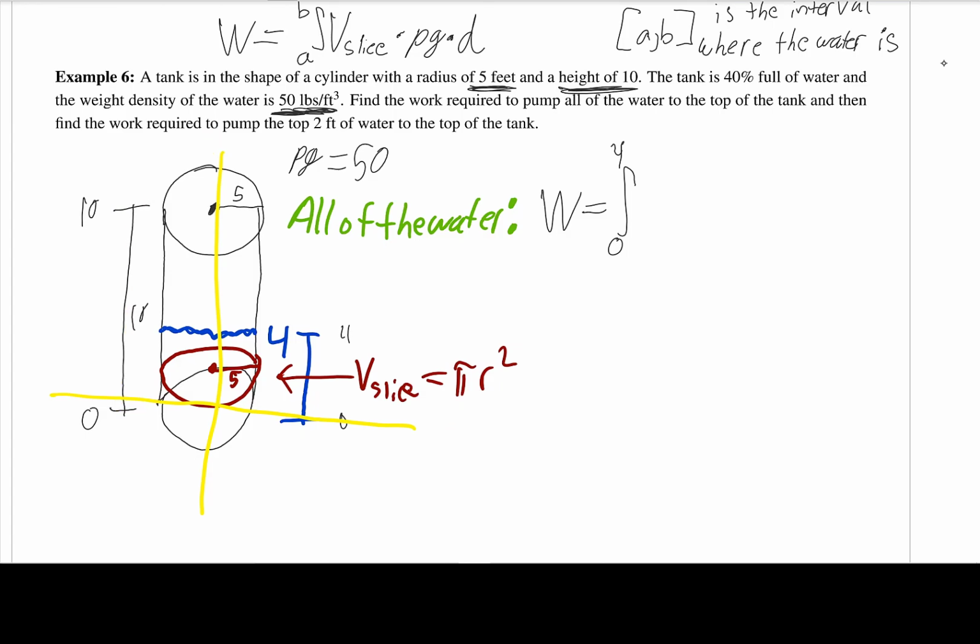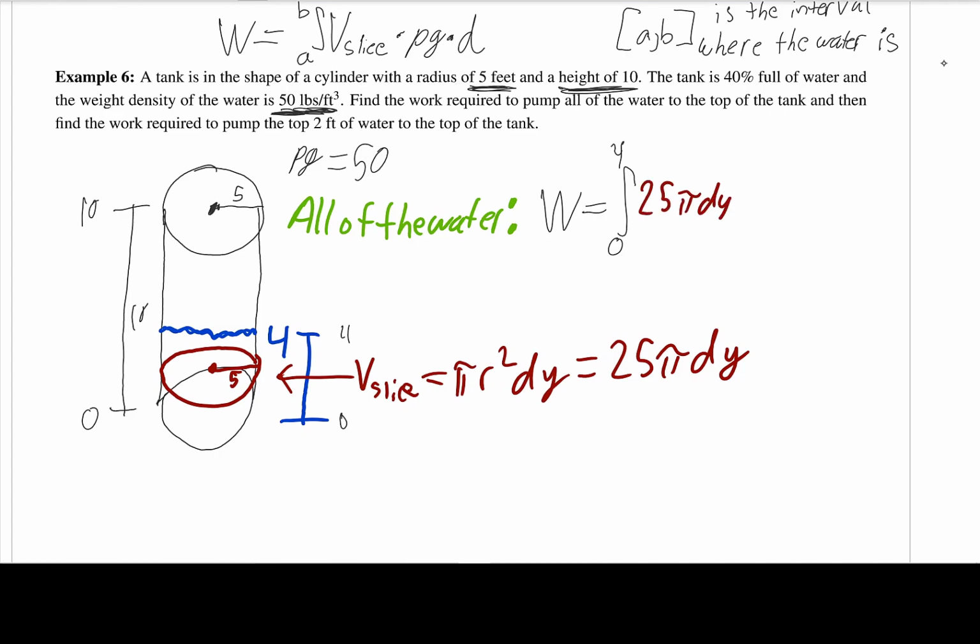So we're going to need this dy, and this will be 25 pi dy. Okay, so V slice is 25 pi dy.